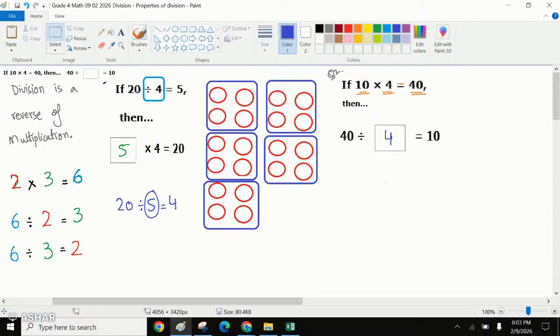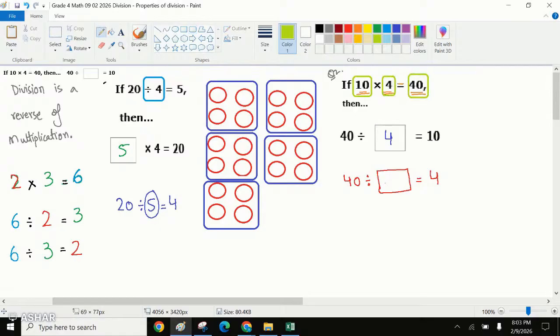Or we can write the second statement as well. If 40 needs to be divided by a number to make it equal to 4, the number should be 10, because we know that these two numbers are being multiplied to give the answer 40.